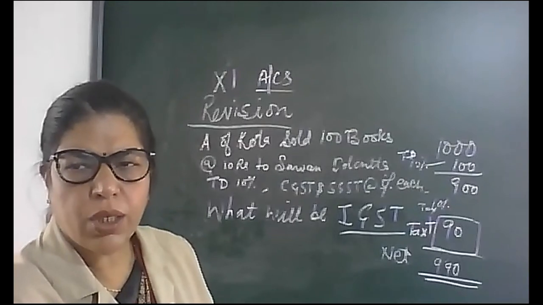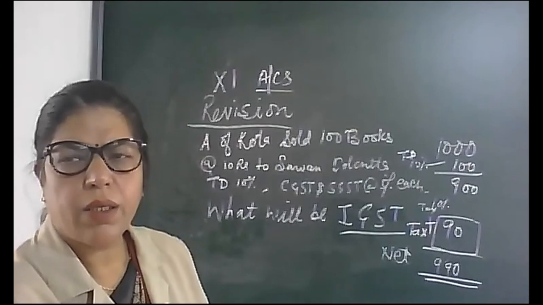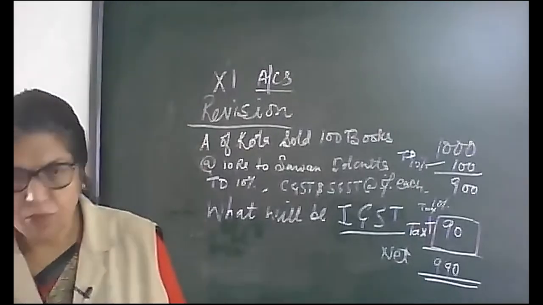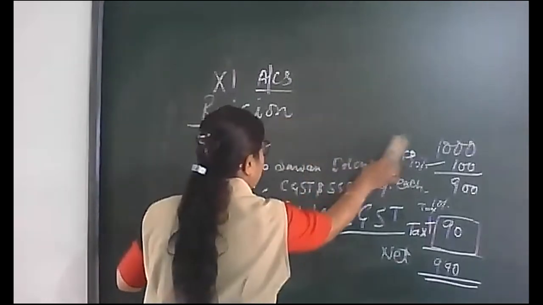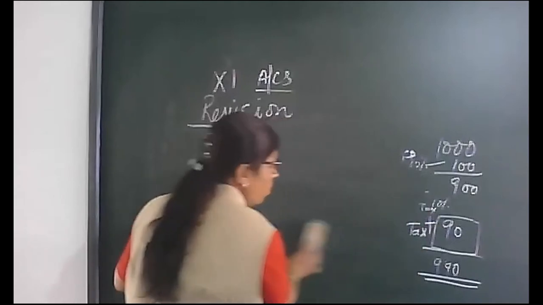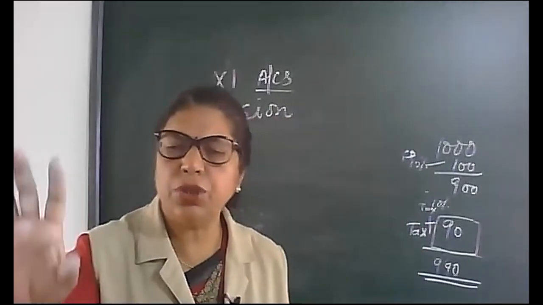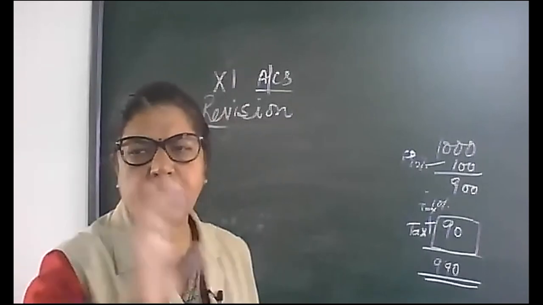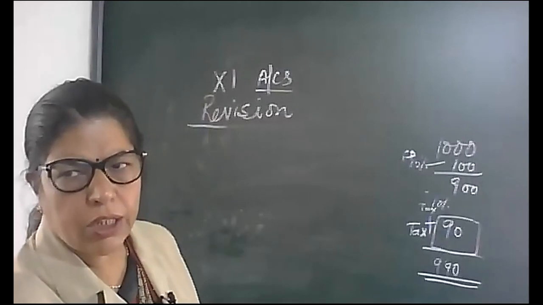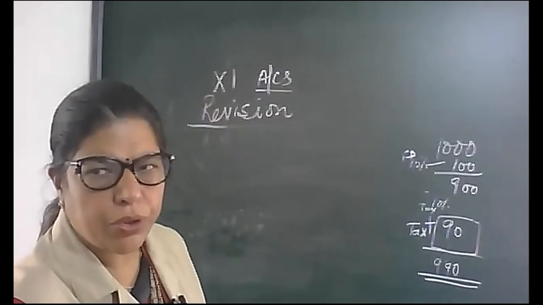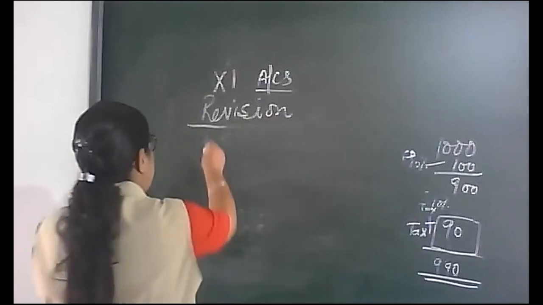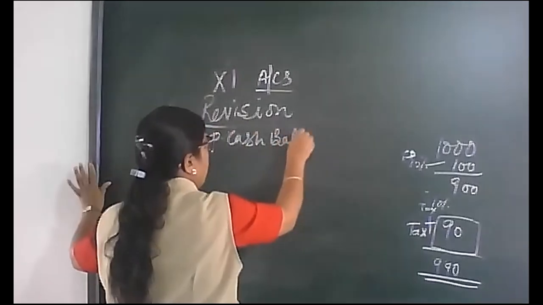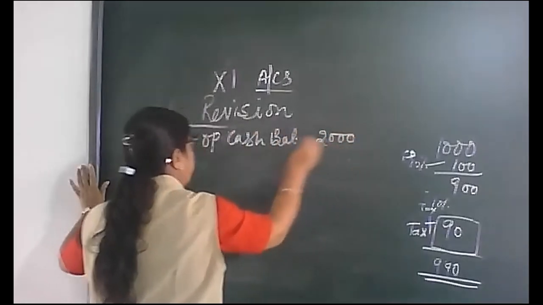Now I am giving you the next question. Yes, please note down the next question. Don't show the complete format and all. Just do the calculation part. Now I am going to show you. A businessman has an opening cash balance of 2,000 rupees.